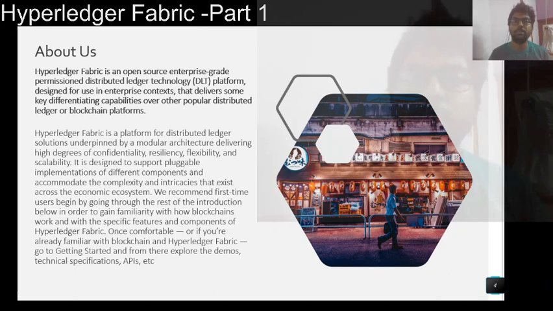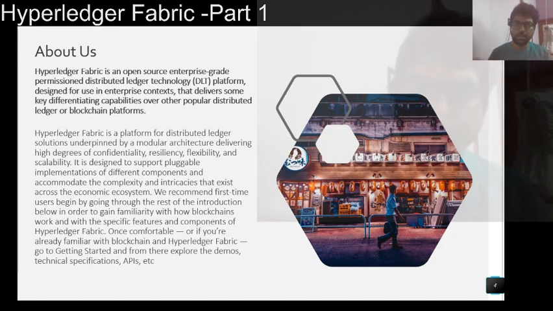As we have discussed before, you should understand Hyperledger Fabric is an open source, enterprise-grade, permissioned distributed ledger technology platform, a DLT platform, designed for enterprise contexts, that delivers some key differentiating capabilities over the popular distributed ledger or blockchain platforms.